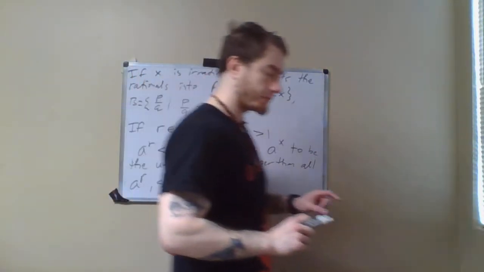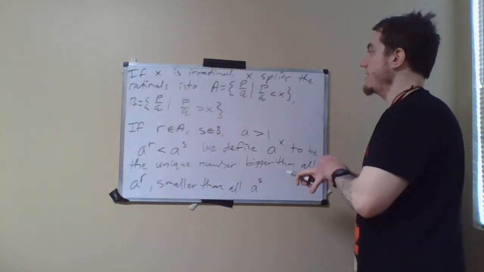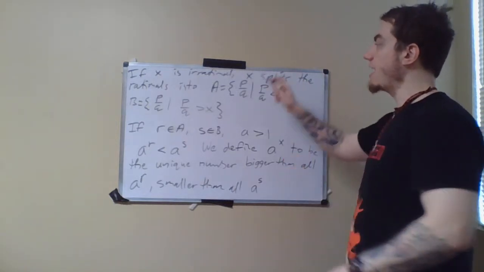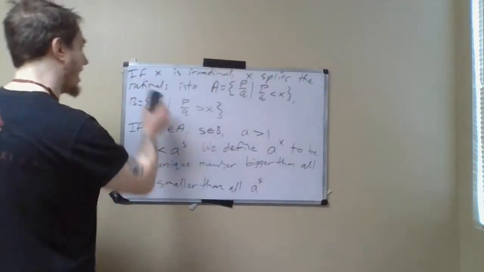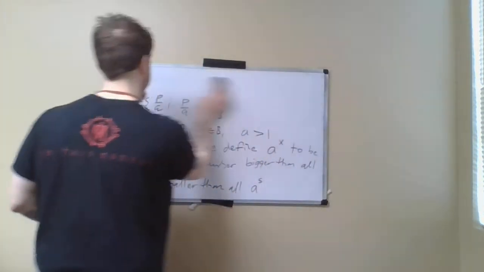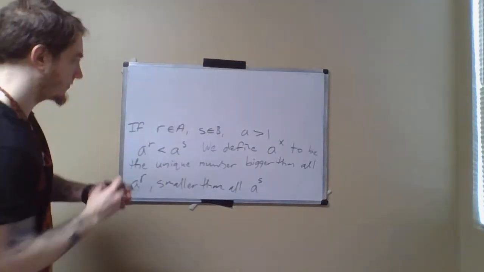In other words, when you look at the exponential applied to these rational numbers, what you're going to get in terms of your graph is going to be something that looks like this.